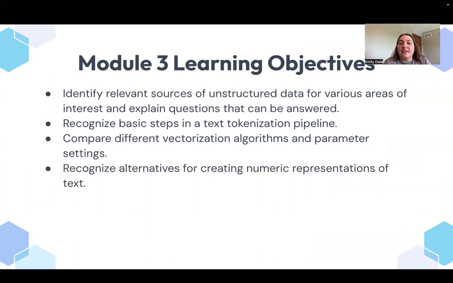We're going to recognize basic steps in a text tokenization pipeline. That sounds super fancy, but you are going to learn how we do that by the end of this video. We're going to compare different vectorization algorithms and parameter settings. We're going to start getting into that this week, but we're really going to dive into that next week and in week 3 of this module.